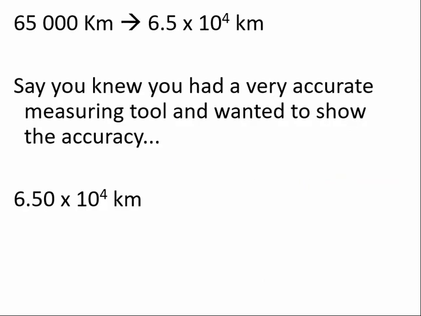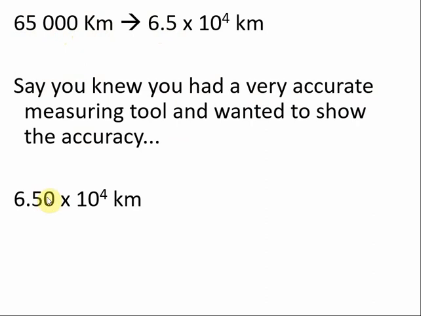Finally, if you had done a problem like this, 65,000 kilometers converted to scientific notation is this. Say you knew you had a very accurate measuring tool, like with lasers or something, and you wanted to show that you weren't just rounding up, that you knew that it was exactly 65,000, to the point.